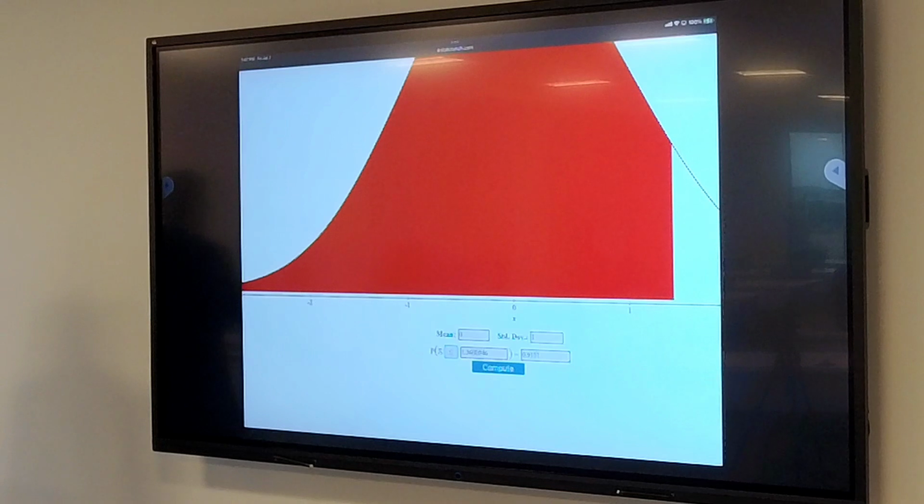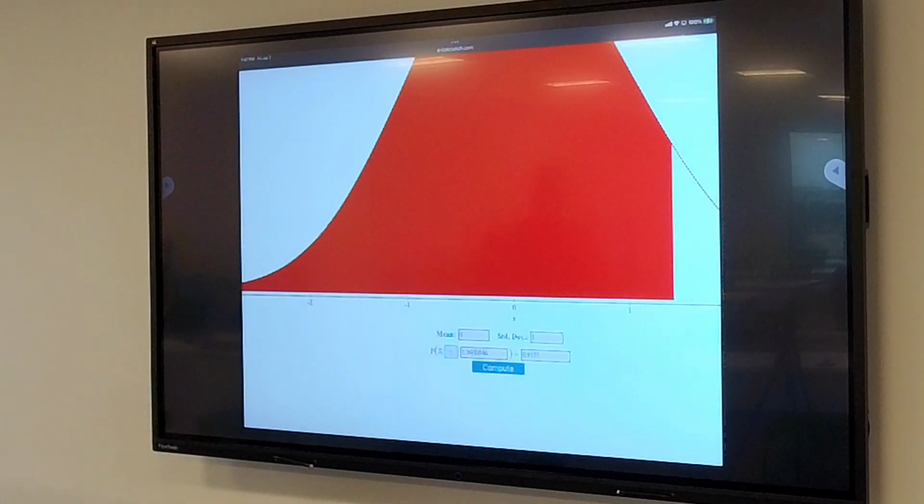So I'm looking for the area, the clear area that's not shaded in. I'll put that in. You're looking for an area that's to the left of some z-score. This box being on the left or right has nothing to do with this left or this right.